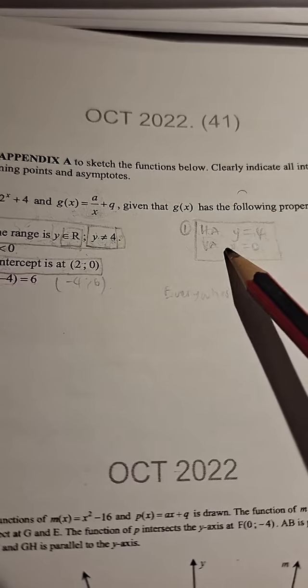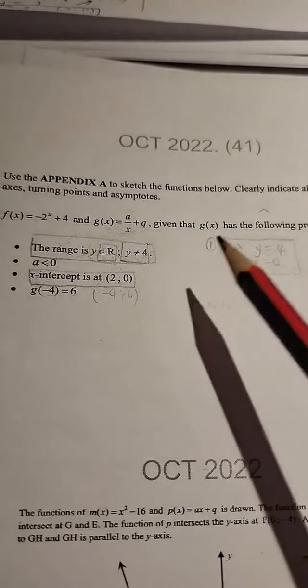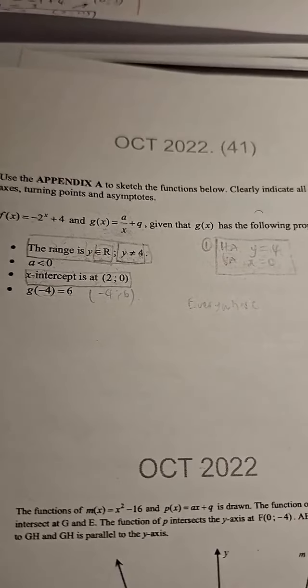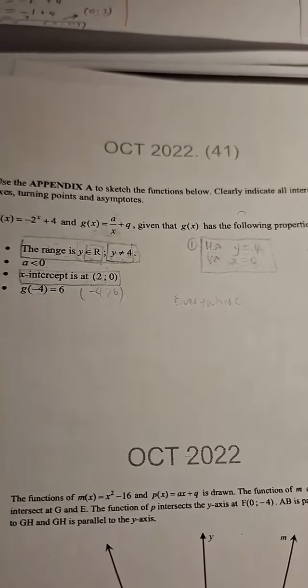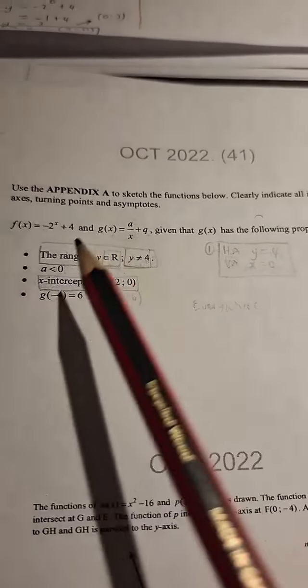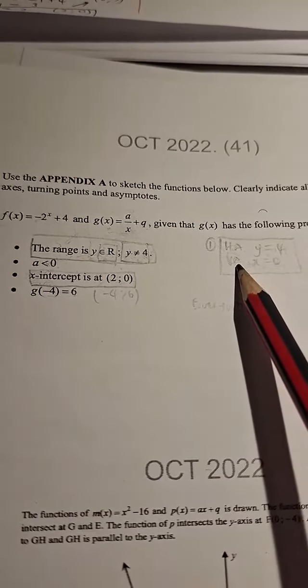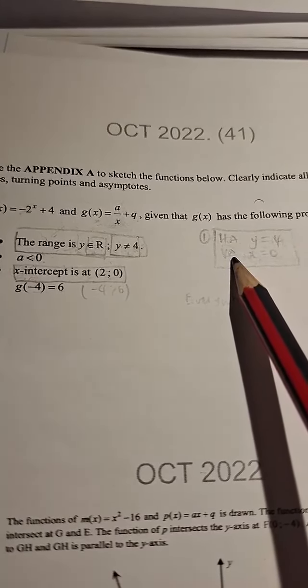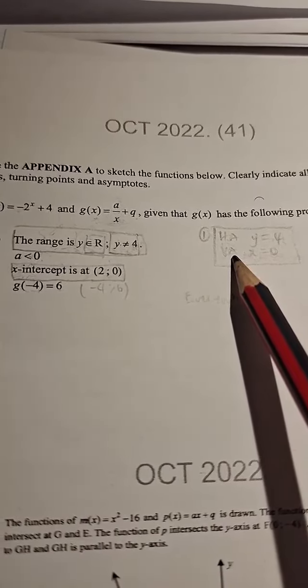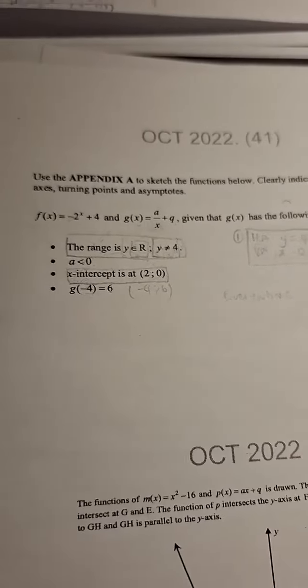The function does not exist where x is equal to 0. The y-axis is a place where the function does not touch, does not cross, does not overlap, does not intersect at all. So the x-intercept is fine, but we can't have a y-intercept because of the asymptote, which is x equal to 0, the vertical asymptote. Okay.